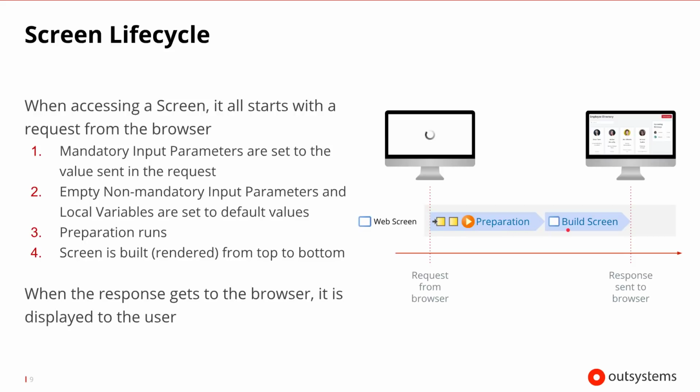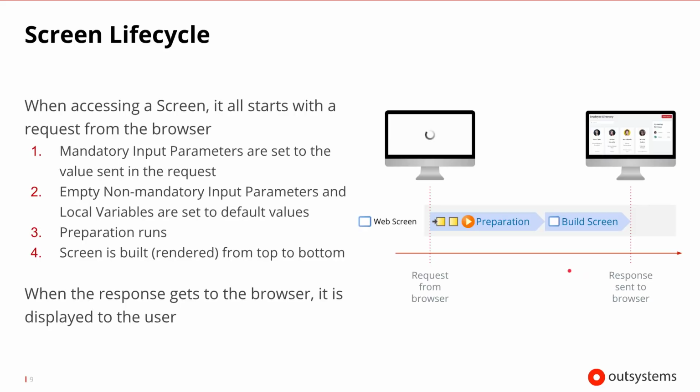And then the screen just begins building the hierarchy of elements and widgets that need to be on the screen that will also display the dynamic data that was retrieved. So after that preparation runs in step 3, the screen is built, and then as soon as the screen is finished building, we'll actually send the response back to the user, who will get that inside of their browser.